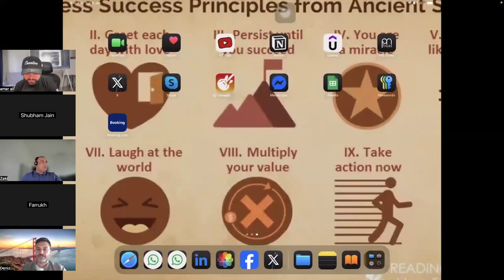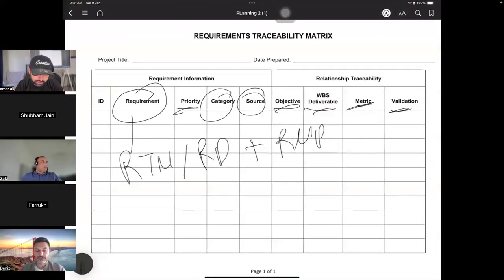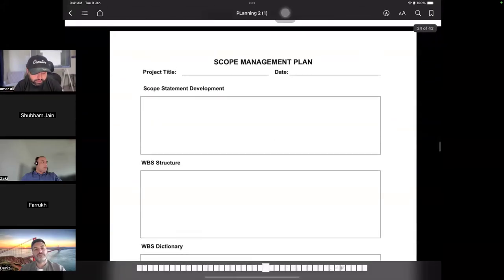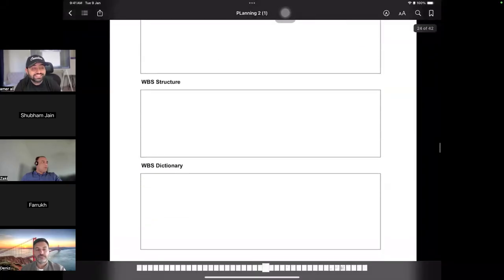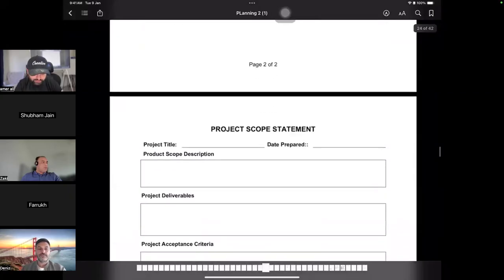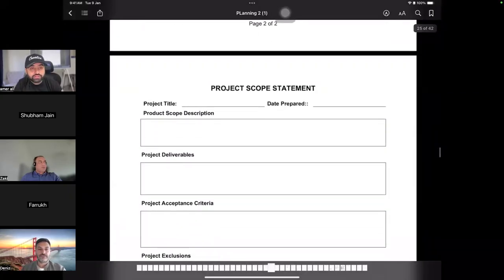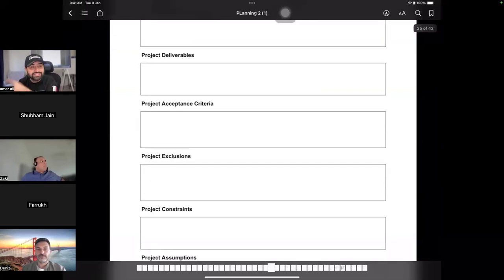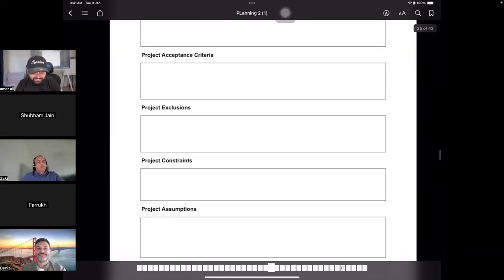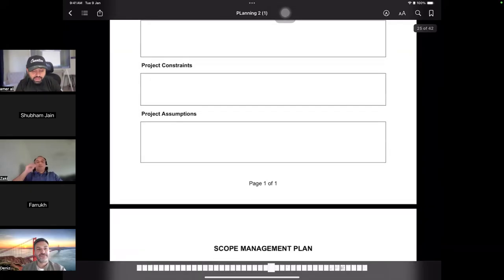But then we filter it out using the scope management plan, where we discuss how we are going to define scope, how we are going to make the WBS structure and WBS dictionary. How the scope will be defined, how the deliverables will be defined, how we set the acceptance criteria, what is included in the project, and how we define the project constraints.